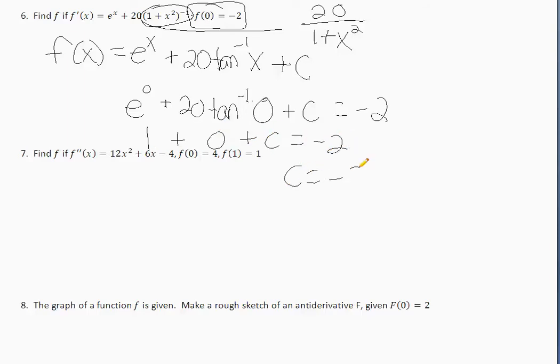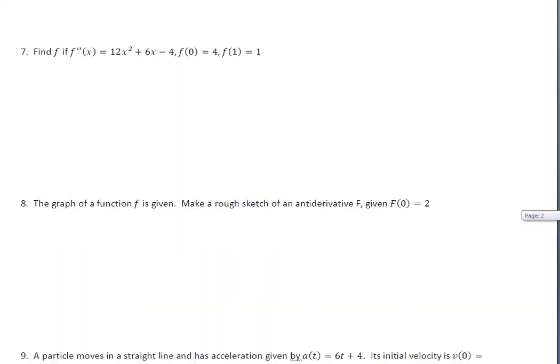So c would be negative 3. My final equation would be e to the x plus 20 tan inverse of x minus 3. So if you're given an initial condition, you want to find c. Next one.